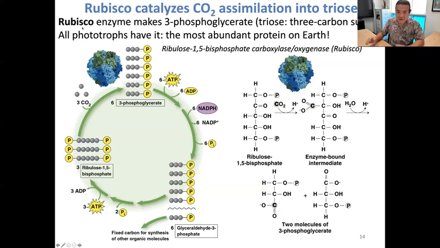So the amazing thing about Rubisco is all photosynthetic life on Earth has Rubisco, because it's such a fundamental, important step, taking the carbon dioxide from the atmosphere. As a result, Rubisco is actually the most abundant protein on Earth. I remember reading somewhere that if you were to take all the Rubisco on this planet from all organisms that photosynthesize, I cannot even remember, it was something ridiculous, like hundreds of tons of this protein represented by life on Earth.